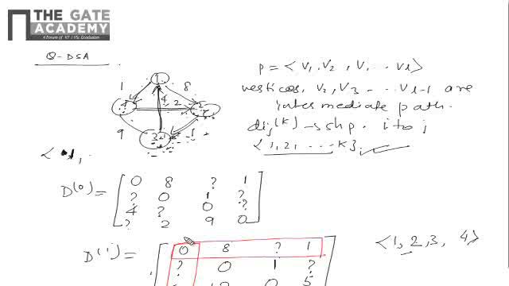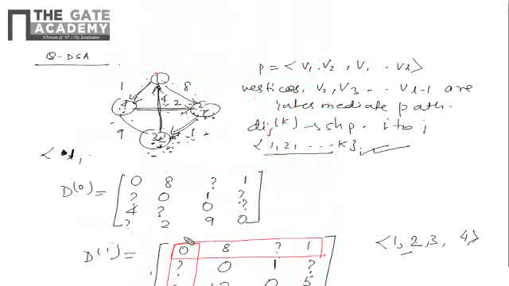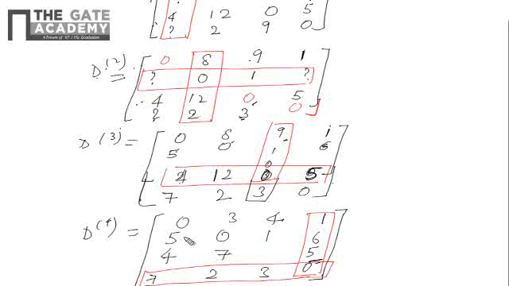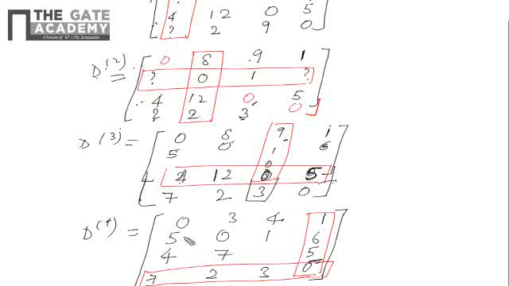Now for 3 comma 2, can you get any other value? From 3 to 4 you have 5, right? Already you have 3 to 4 as 5. So 5 plus 2, 7, you can get. Already this has come in this step only. So already 5 is there, so 3 comma 2 can be 5 plus 2, 7, so this will be 0.